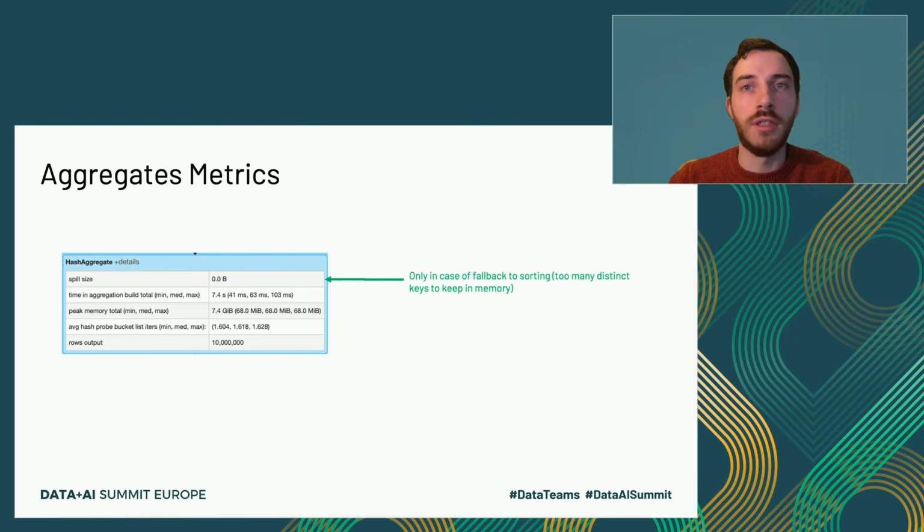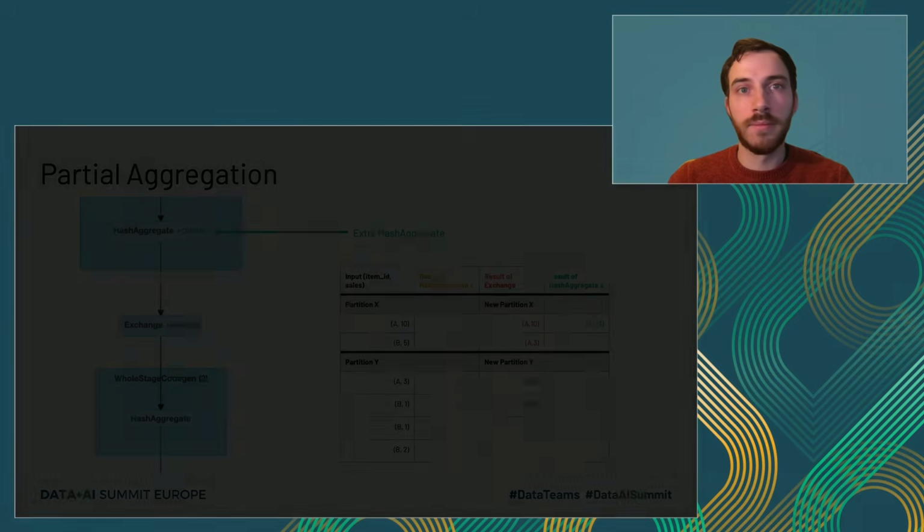Then it has to flush this to disk and start a new one, which will obviously add more overhead of merging the resulting hash tables, reading and writing from disk, etc. So if you run into this situation, you typically want to look at: are my dataset sizes per partition too big, or do I have too little memory per core in my cluster?